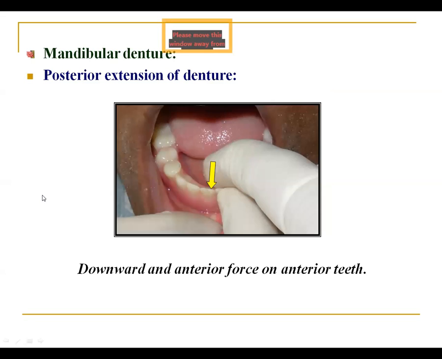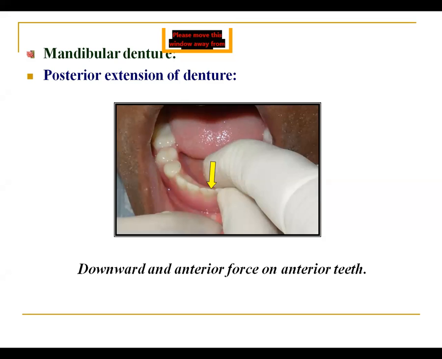Then the mandibular denture, posterior extension of the denture. How to check? Give downward pressure on the anteriors with the help of your index finger or thumb, or we can grab like this with the thumb and index finger and give a downward force.